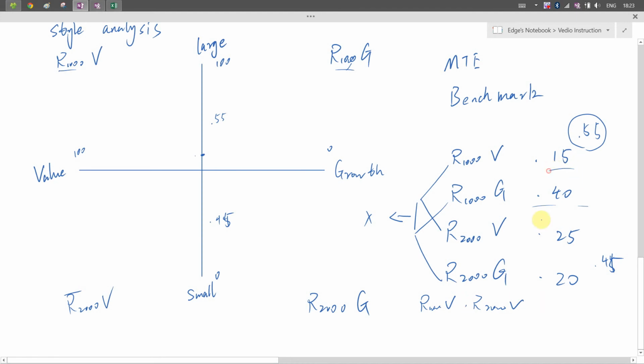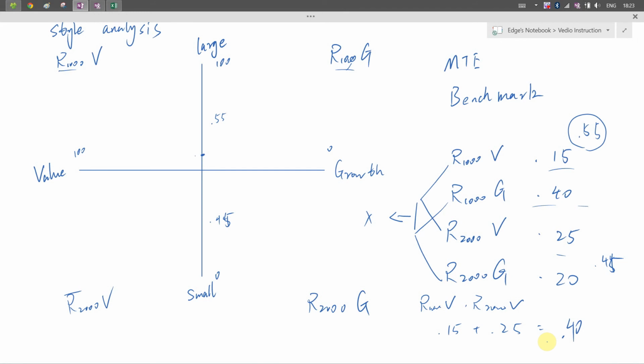So here we got 0.15 plus 0.25 equal to 0.45, right? Am I right? Sorry, I'm not good at math. So 0.4. Yes, 1 plus 2 is 3, 0.4. So it's farther away from value and closer to growth.